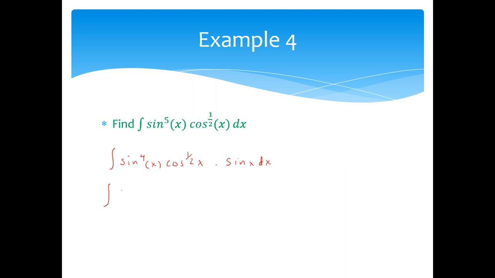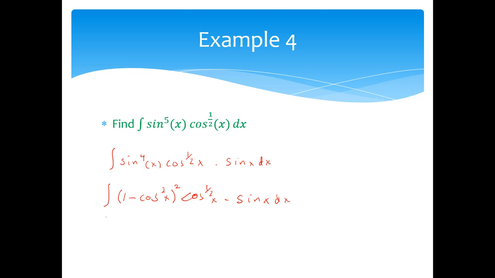So this is going to be equal to 1 minus cosine squared x, all squared, times cosine 1/2 x, times sine x dx.